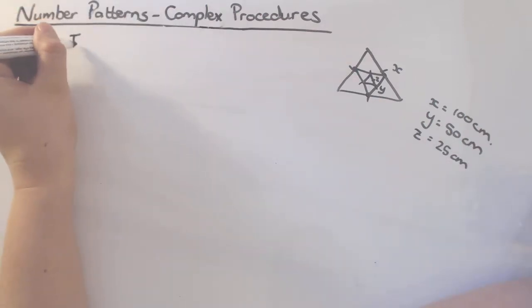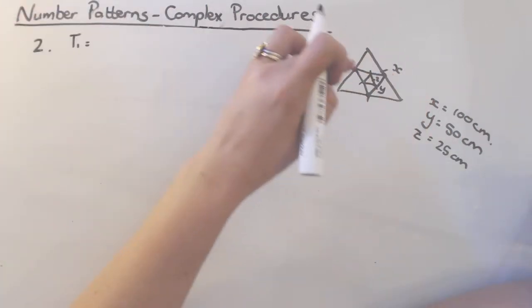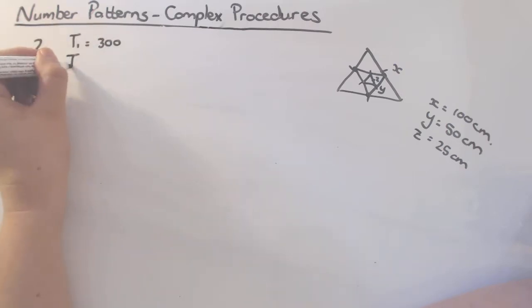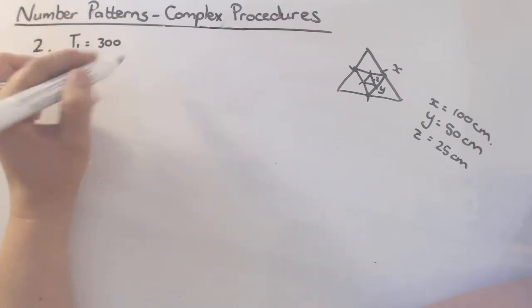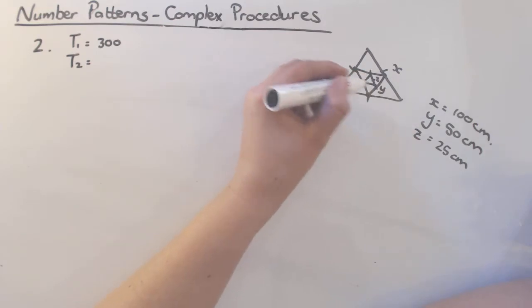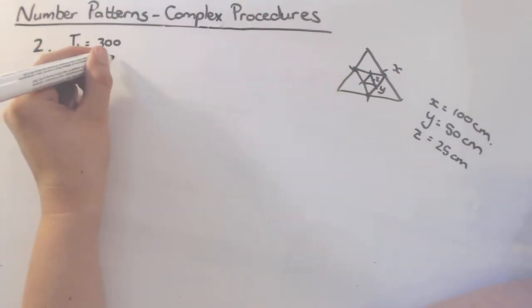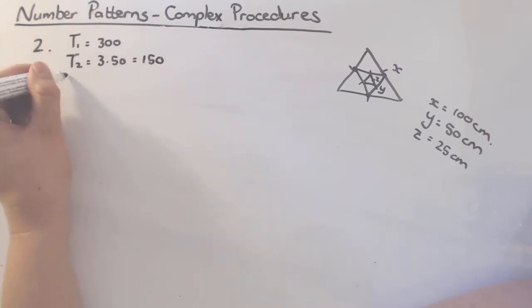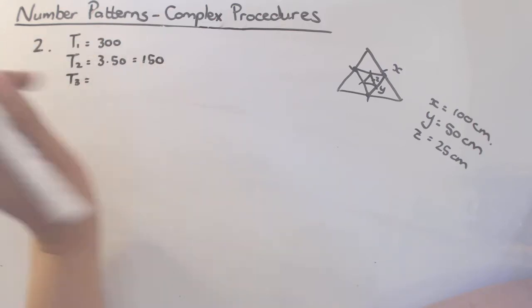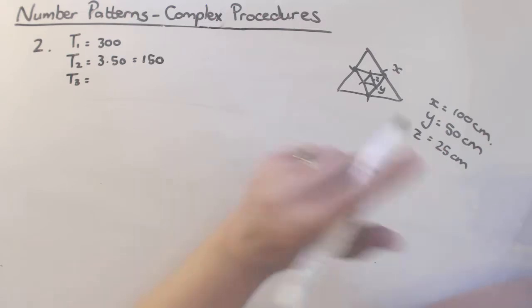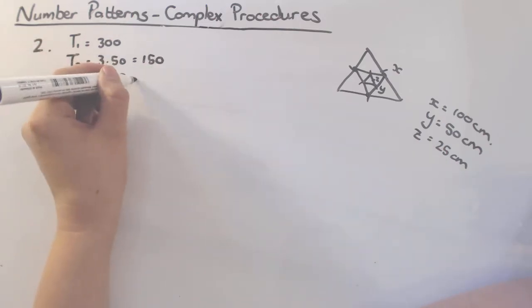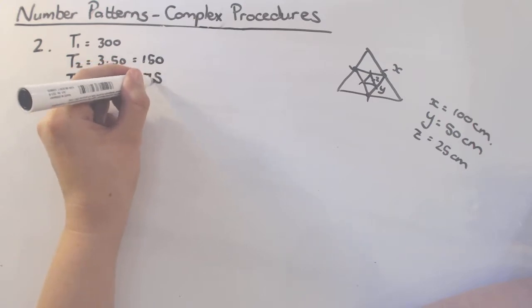So my first term will be 100 plus 100 plus 100, which is 300. My second term is the sum of the triangles, which will be 50 plus 50 plus 50, which is 150. My third term will be 25 plus 25 plus 25, 3 times 25, which is 75.